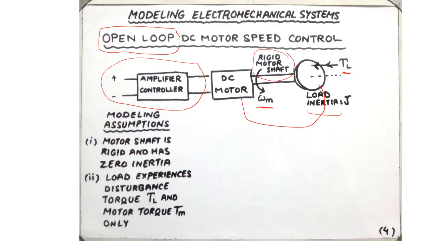So whenever there is an external disturbance torque TL that is applied to the load, the effect of this external disturbance is going to be reflected to the motor.